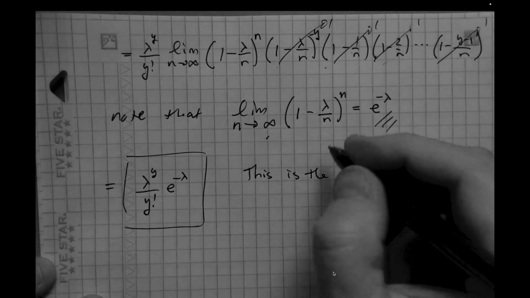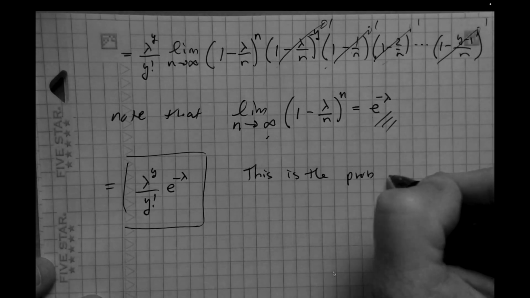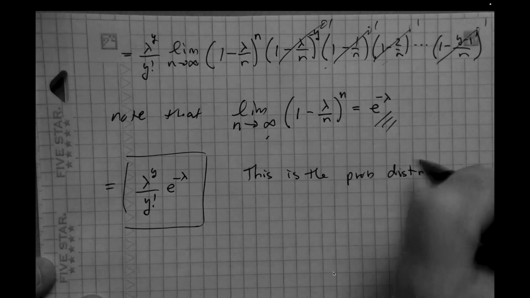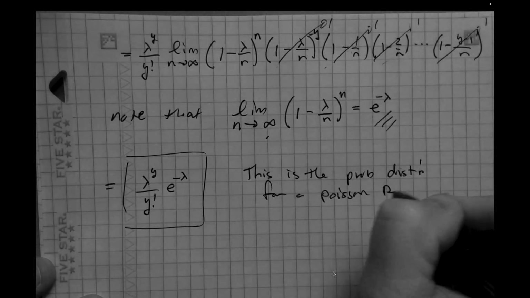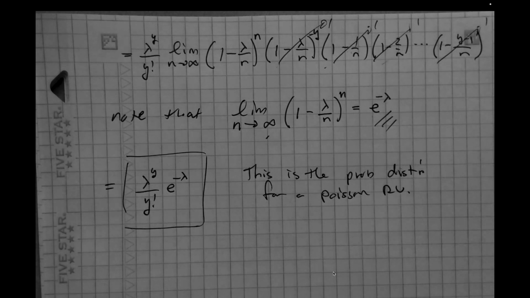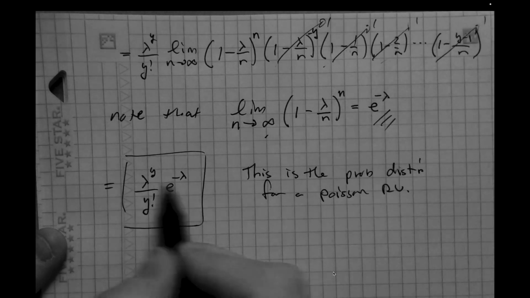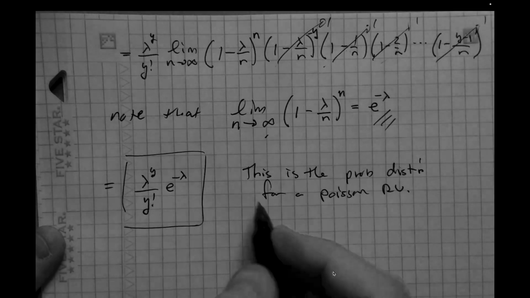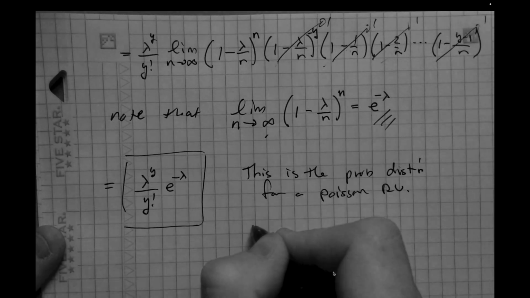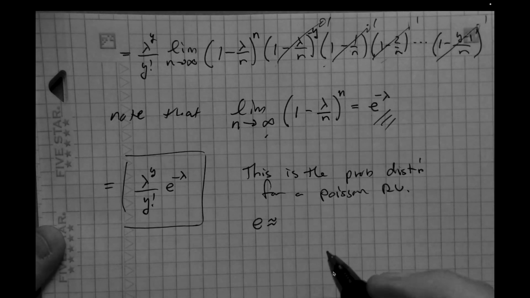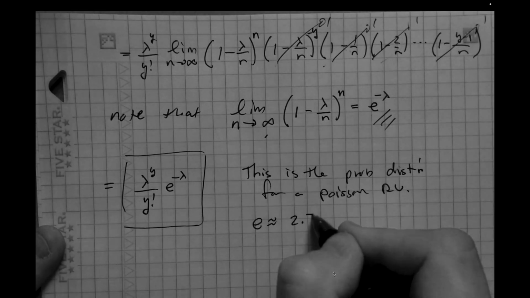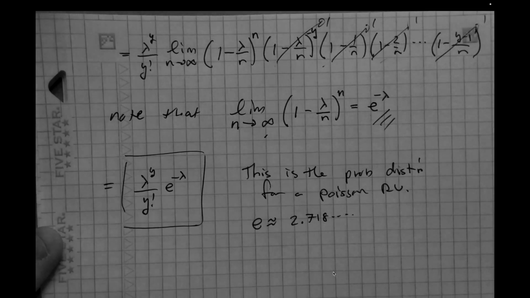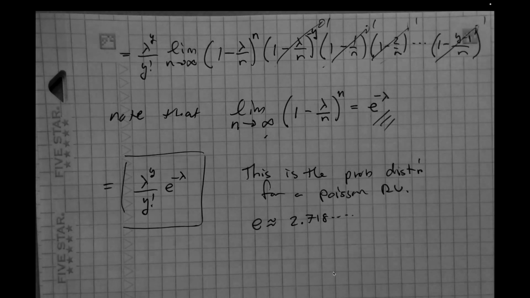Now remember what these things are. Lambda is a constant, y is the variable, and e is a constant also. e is the transcendental number 2.718 something or other. It's kind of like pi, but it's e.